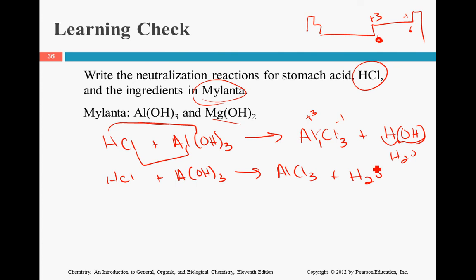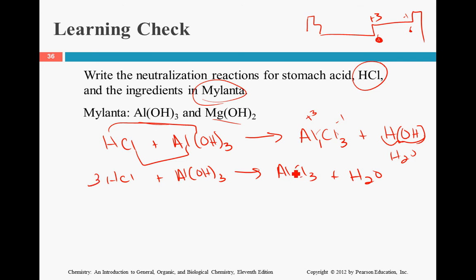From here we need to balance. So I'm going to keep H to the end because I see it in 2 different formulas on the left hand side. So now we're going to go to chlorine. We have 1 chlorine on the left, 3 on the right. So I'm going to multiply the left hand side by 3. Now aluminums.